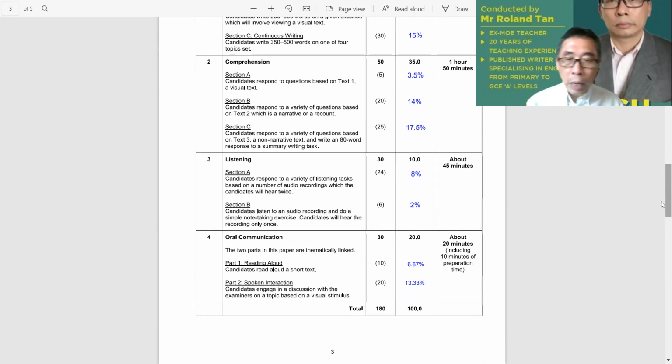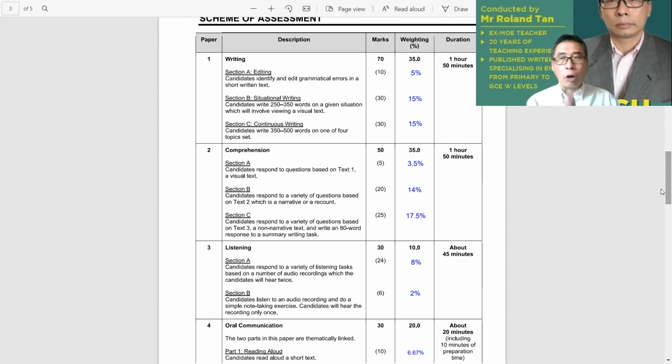So your reading aloud, which accounts for 6 2/3%, and your spoken interaction, the remaining 13 1/3%. Now, while this is just plain mathematics, I want you to dig a little deeper.